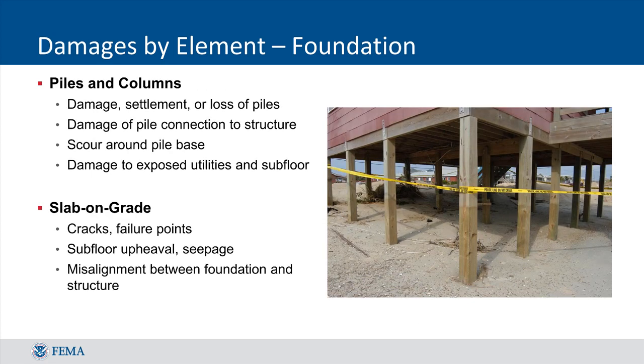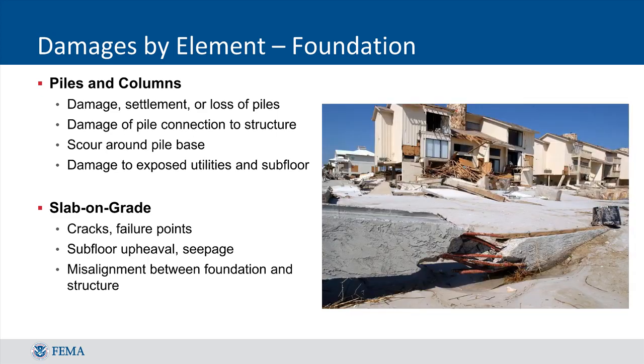For structures on piles or columns, evaluate the piles for damage and ensure they are still connected to the structure. Also examine the base of the piles for scour that may indicate that the piles have moved and may not be structurally sound. Slab-on-grade structures should generally be evaluated similarly to continuous wall slab, as you should look for cracks in the slab, subfloor upheaval, or misalignment between the foundation and structure.